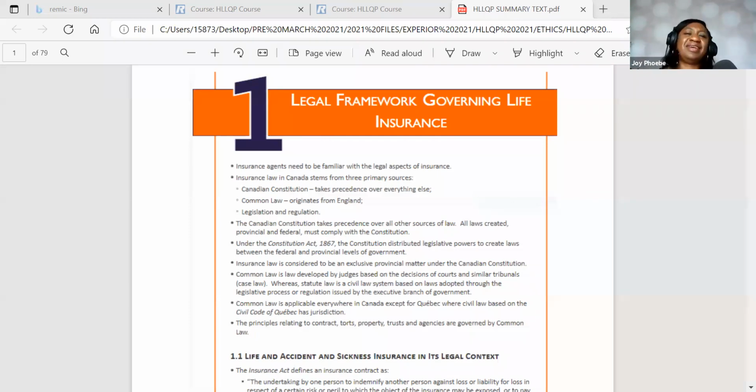Okay, so for instance, if somebody set up life insurance for their children, and you don't want that policy to lapse if anything were to happen to you, because if you set up a life insurance for your children, you are the policyholder, the children are the life insured.